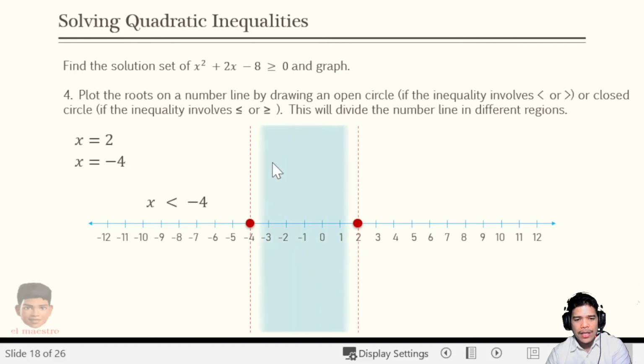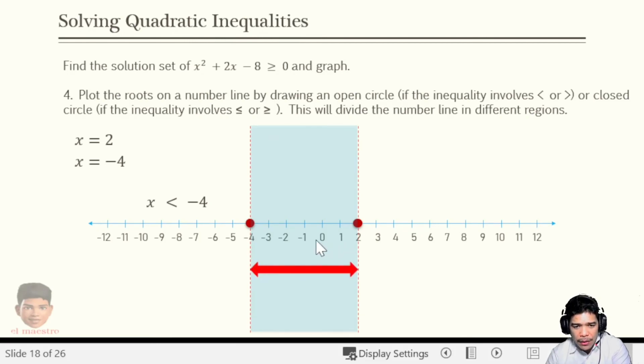How about in between, in this region? So, makita nyo, lahat ng values na nasa gitna is 1, 0, negative 1, negative 2, negative 3. So, meaning, just what I told you earlier, ang gagawin nyo ganito. So, copy lang this negative 4, tapos less than x, less than 2. Ganyan lang. So, meaning, lahat ng values ng x is in between negative 4 and positive 2.